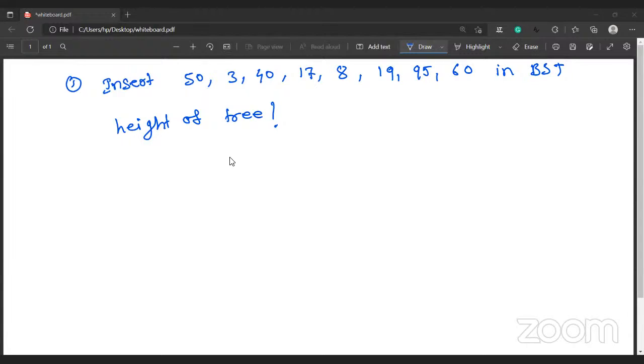Okay, so let's insert in the BST. 50. 3 is less than 50. Then 40 is less than 50 but greater than 3.